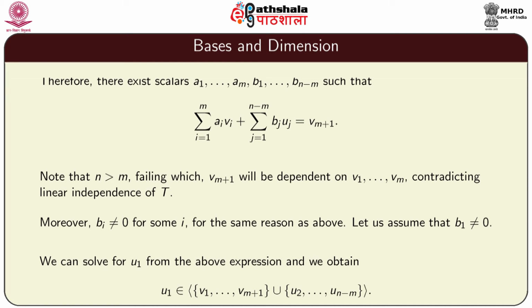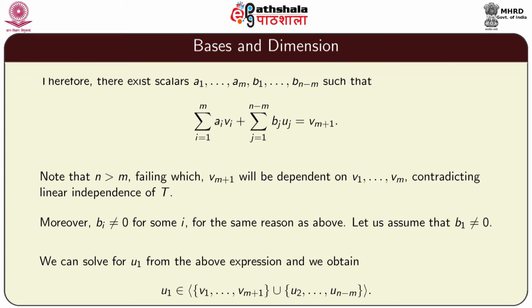Therefore, on the left hand side we have u1, which is separated out because b1 is a non-zero element in F. So, we can express u1 in terms of the other vectors.